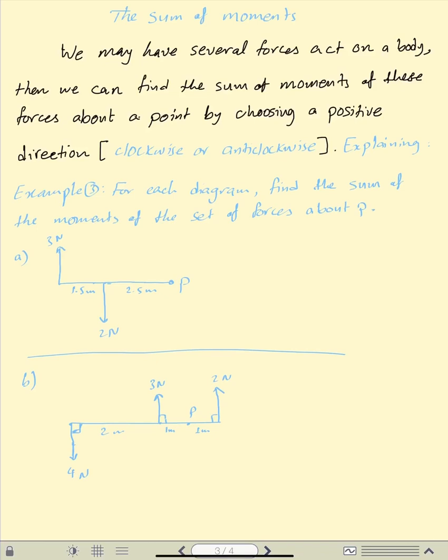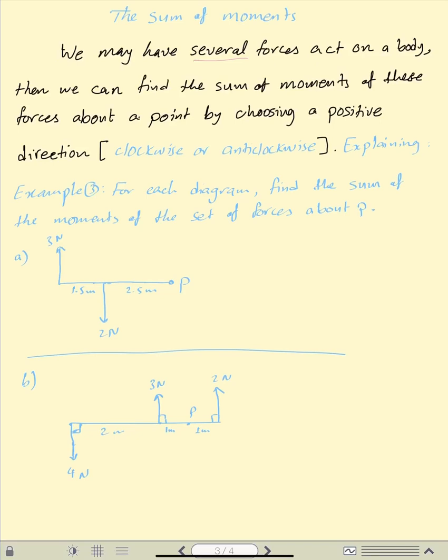If we have such diagrams, we add, like we learned in chapters 3 and 4 in dynamics and statics. We add the forces in the same direction minus the forces in the opposite direction. So the same for moments. If we have many forces acting about a point on a body or a particle, we can find the sum of moments.